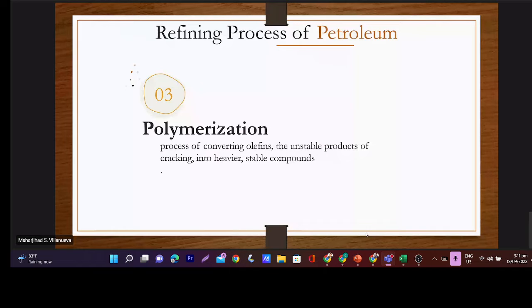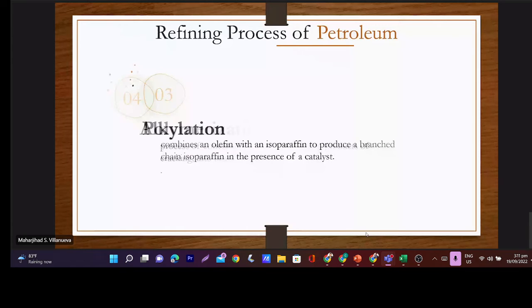So, next po natin is alkylation po. So, it is a chemical process na nagko-combine po ng olefin and isoparaffin to produce a branch chain isoparaffin. So, in the presence rin po ng catalyst.